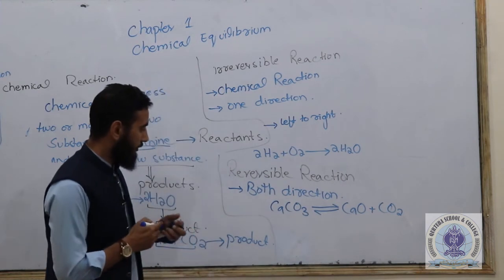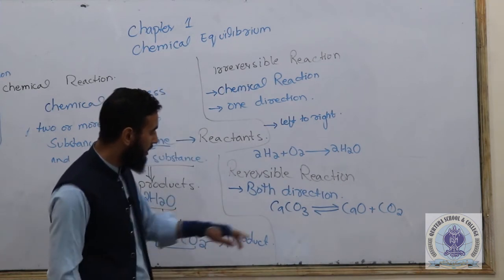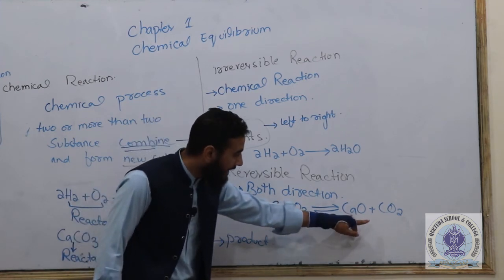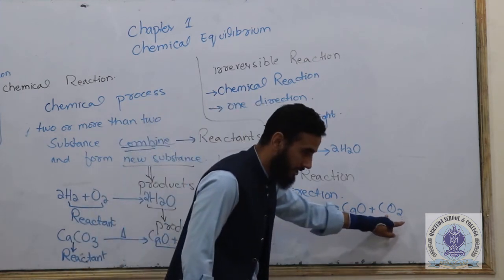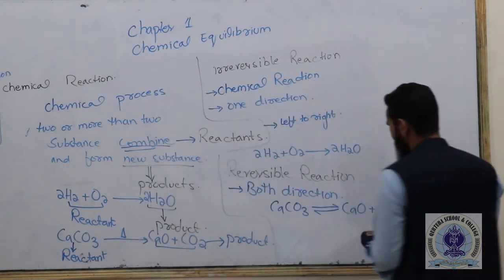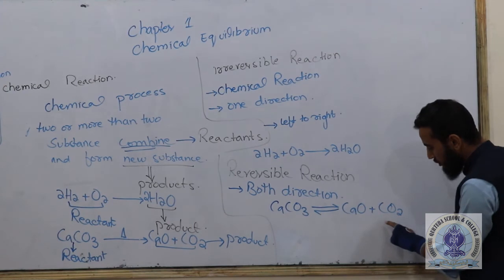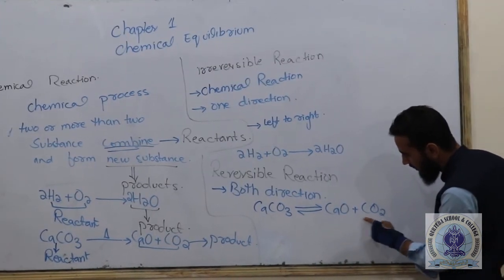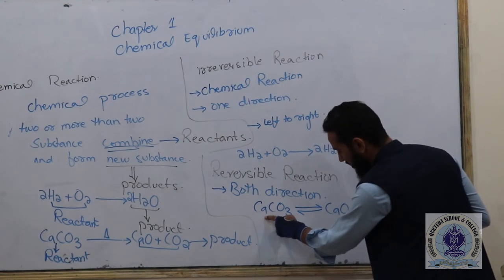it is very clear from the example that calcium carbonate decomposed and formed calcium oxide plus carbon dioxide gas. And when we take this example from the right, you can see that the calcium oxide combines with the carbon dioxide and they form calcium carbonate.